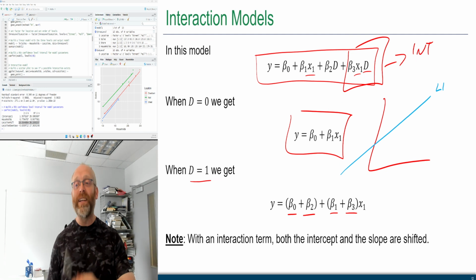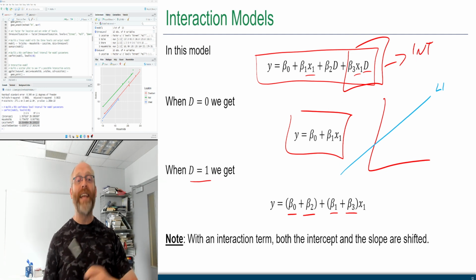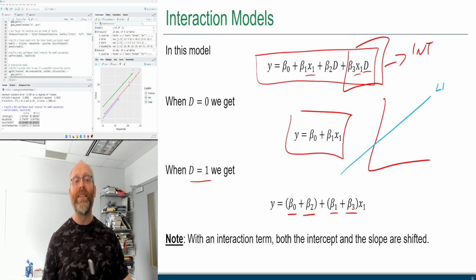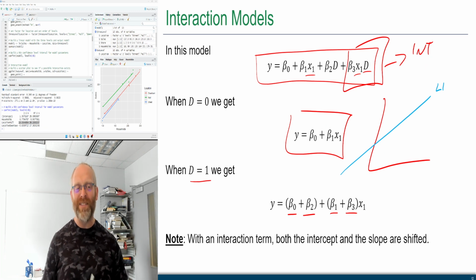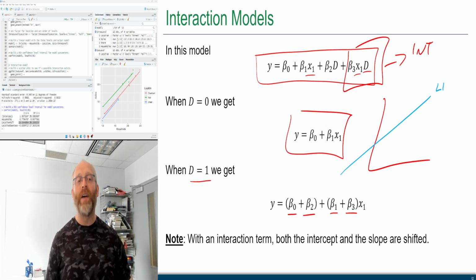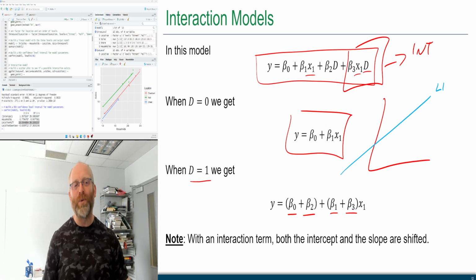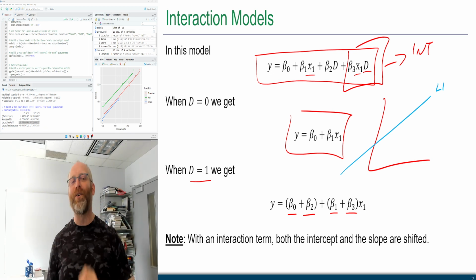So if I'm looking at things and I see, okay, I have the same slopes, different intercepts, then I can think to myself, well, maybe the categorical variable is standalone. It does not depend on what's happening with my numerical variable. But if I have a different slope and a significant different slope, because again, we've seen slight variations there where everything works out, but if I see a difference in slope and difference of intercept, I might think to myself, wait a second, there is a possible interaction between my categorical variable and my numerical variable inside of here.